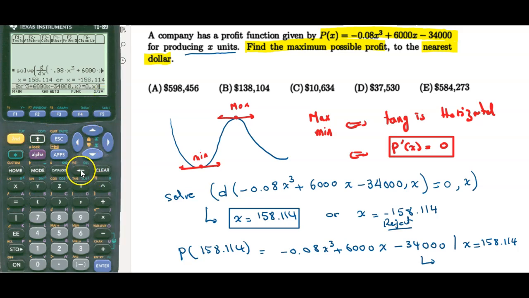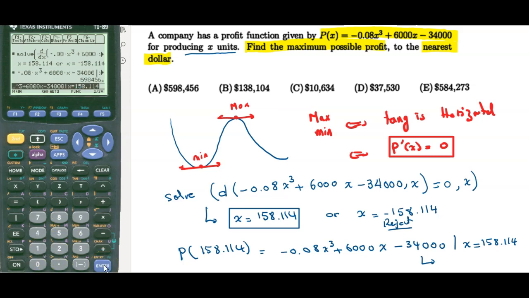So in order to not waste time on the calculator, I'm going to use the previous syntax. Here I'm going to delete everything except the equation, right? And go all the way, and just before the parentheses, start deleting everything. So I get my equation here. So let me go up front, and then I'm going to use the bar and x equals, and I'm going to type in 158.114.